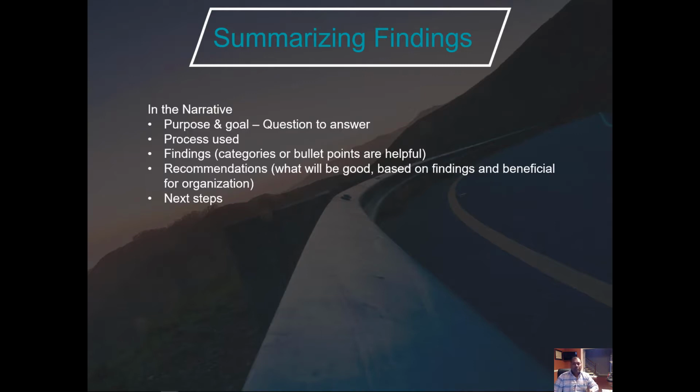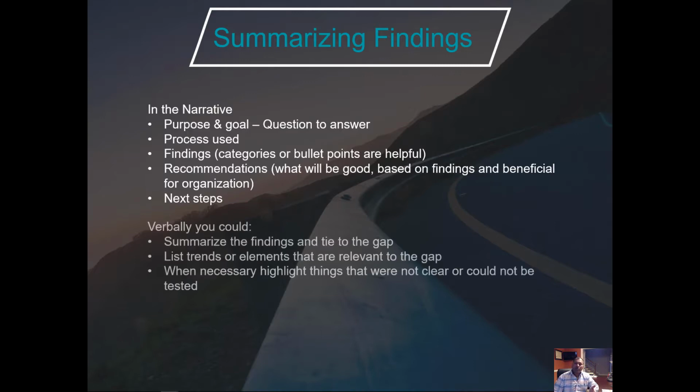Now, some people, in this class we didn't have to do that, but in some cases you do have to do a verbal report. So once you have turned in your paper, then in the verbal reporting you could summarize the findings and tie them to the gap. You could also list trends or elements that are relevant to the gap. And when you deem it necessary, you can highlight those things that were not clear or could not be tested during your entire engagement.